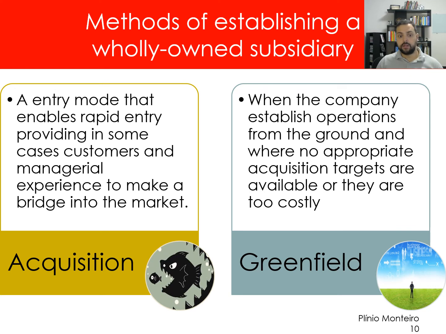In Brazil, the biggest multinational companies were basically entering foreign markets by this approach from the beginning of 2002 until 2012, before the corruption scandals in Brazil, like the Car Wash, the Lava Jato scandal.